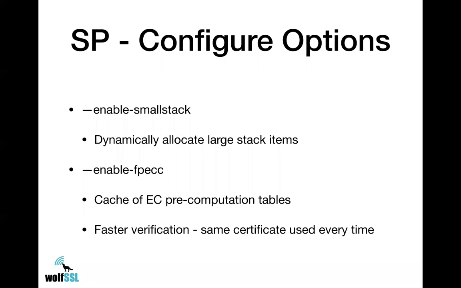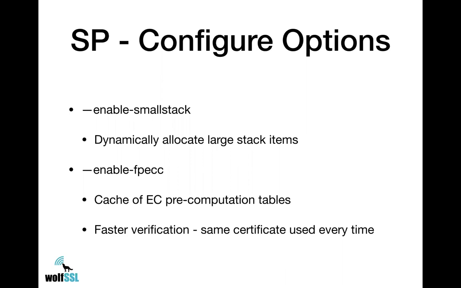Then they will be dynamically allocated so that you don't have to worry about the stack growing too large. It's important for embedded customers, that particular option. But of course, there's always the issue of having to handle dynamic memory allocation with an embedded system.